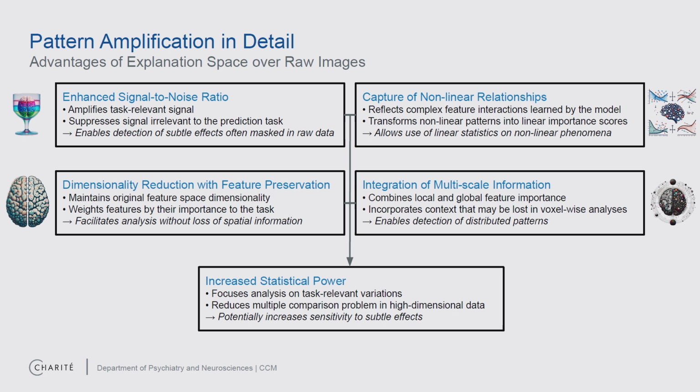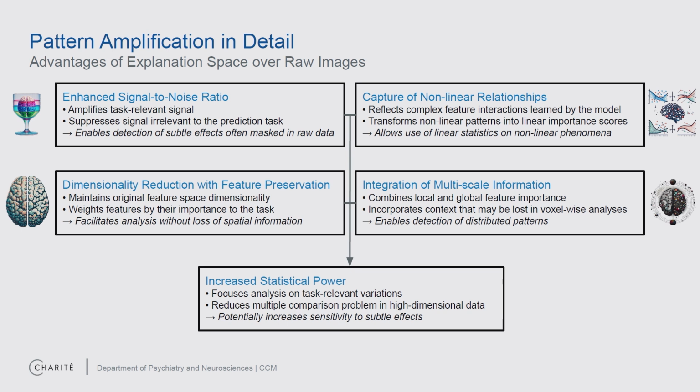To some extent, using this explanation space for a particular machine learning model, let's say a disease classifying model, gives us exactly that. It amplifies the task relevant, the disease specific signal, and suppresses the signal irrelevant to the disease classification task. Ideally, it should enable us to detect subtle effects in the data that are masked in the raw data, but more visible because of this decomposition in explanation space.